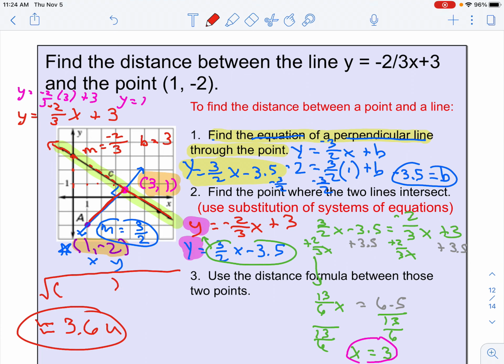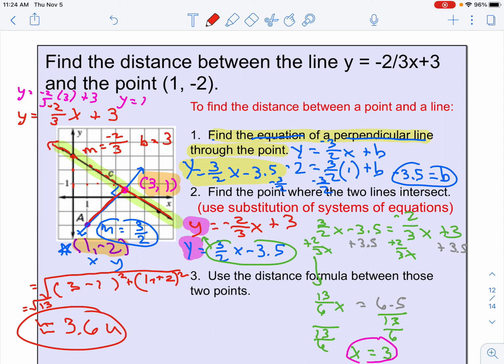When you find the distance between those two points, you're going to take the difference in the x's, which would be 3 minus 1 squared, plus the difference in the y's, which would be 1 minus a negative 2, which is going to be plus, squared. And so that's going to give you the square root of 13, which is approximately 3.6.